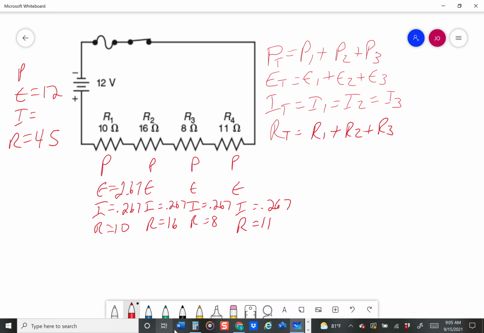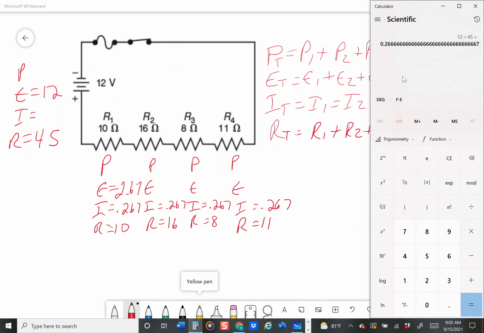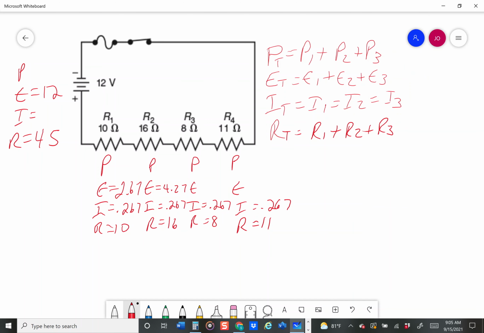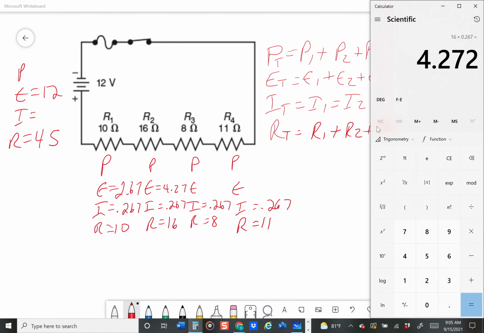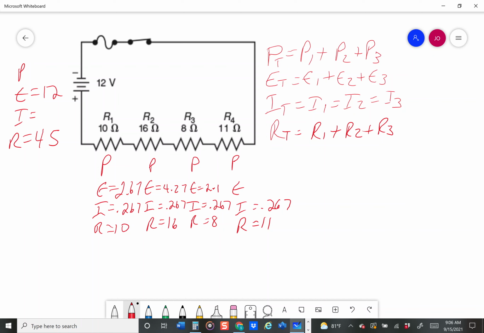We'll go to our next one where we have 16 ohms. So 16 times 0.267 gives us a value of 4.27. If you can see patterns, you will see that the 8 ohms is half of 16, so this will be half, but we'll do the math anyway. 8 times 0.267 is 2.136, so 2.14.